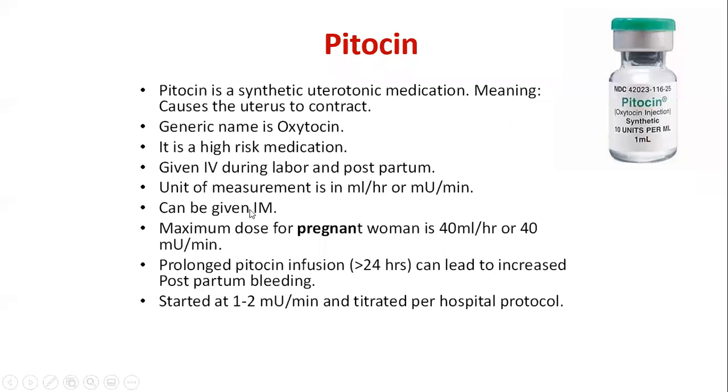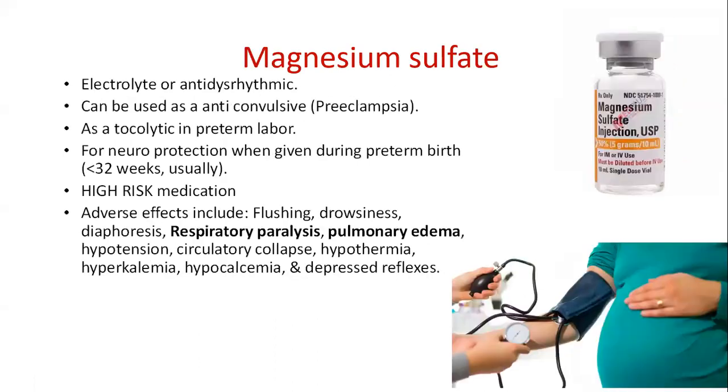It can also be given intramuscularly. The maximum dose for pregnant women is 40 milliunits per minute. Prolonged Pitocin infusion can lead to increased postpartum bleeding. It is started at 1 to 2 milliunits per minute. Also, we follow the hospital protocol.